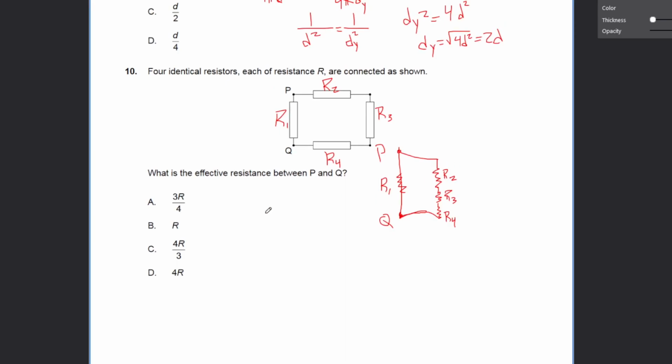So all we have to do now is say that R nat is equal to R times 3R over R plus 3R, right? So this is just equal to 3R over 4. So my answer is A. Here I set up an equivalent circuit which helped me understand what was going on.